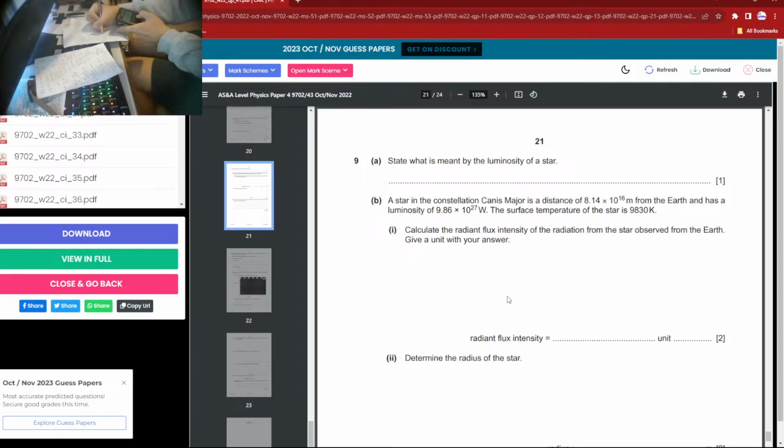And that gives you 1.2 times 10 to the power of negative 7. And the unit would be, since you have L on top, luminosity is just power, and you have meter squared below, so it will just be watt per meter squared.